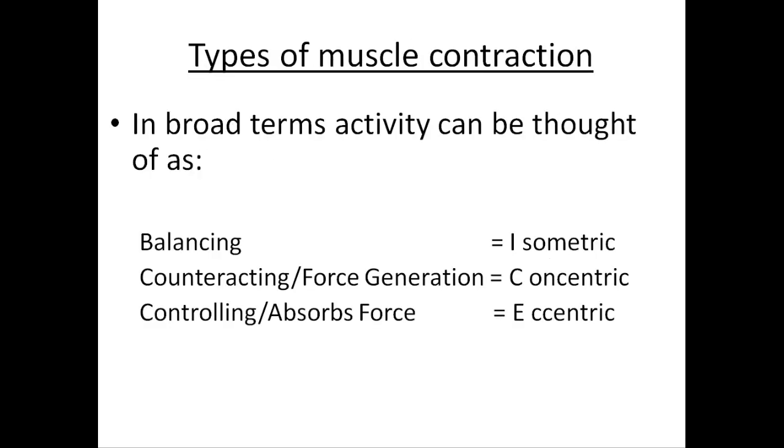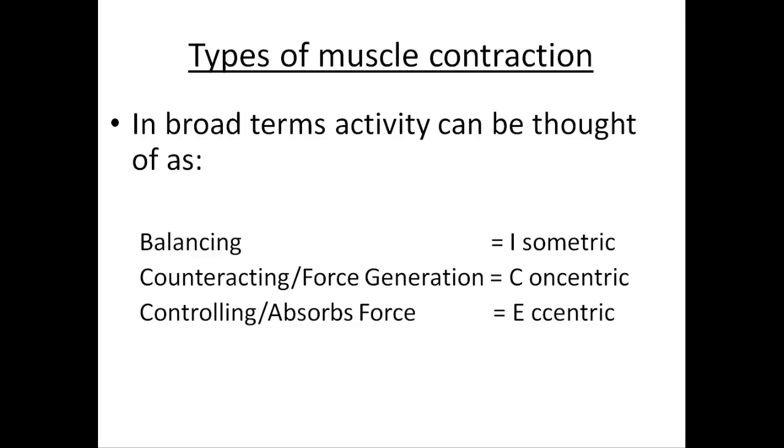So the types of muscle contraction, we've got isometric, concentric, and eccentric, and you remember that by the acronym ICE. ISO means balancing or the same. So imagine yourself in mid-range, the muscle's strongest in mid-range, and you're just resisting that isometric force.